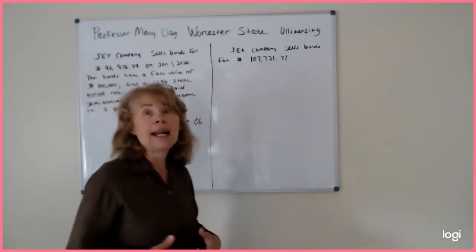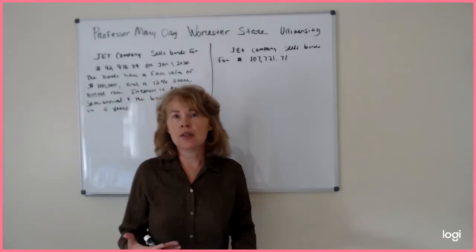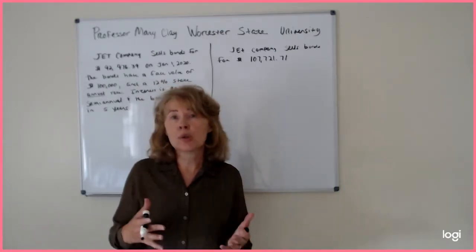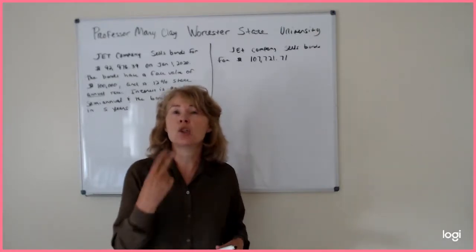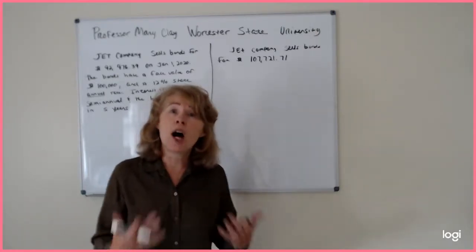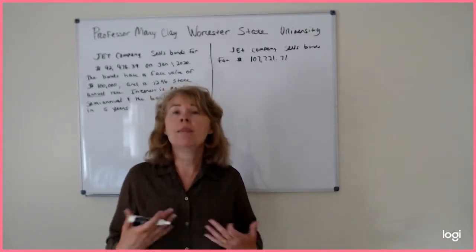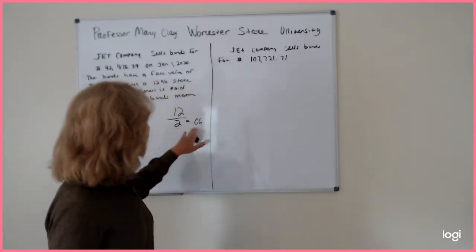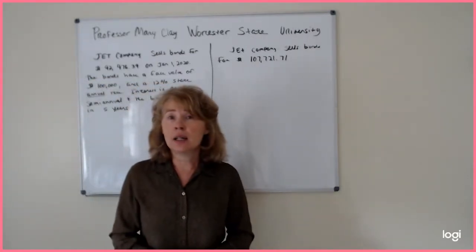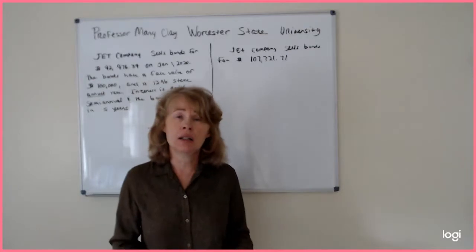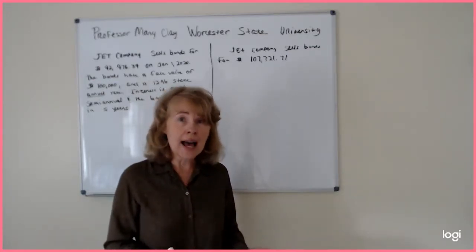The reason that I do that is because I'm trying to compensate for this interest rate that is now going to be paid twice a year. This 12% is an annual interest rate. So I want to compensate, and I'm going to divide this by 2. Second thing I'm going to do is I want to look at how long this bond is going to last.